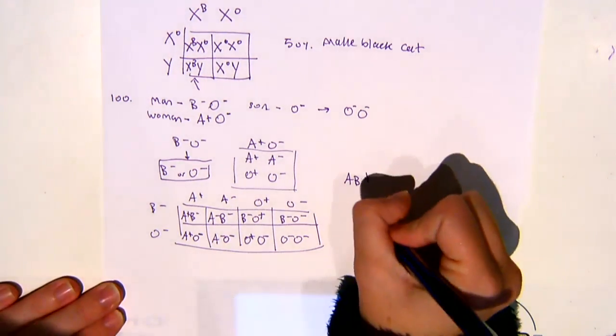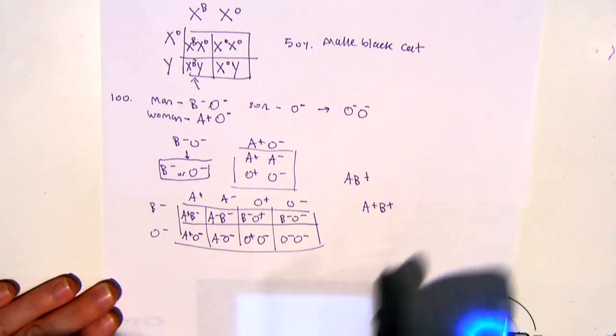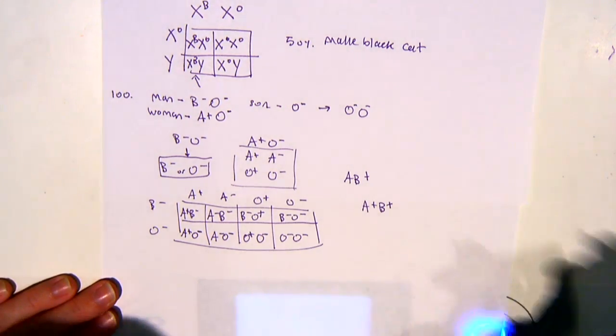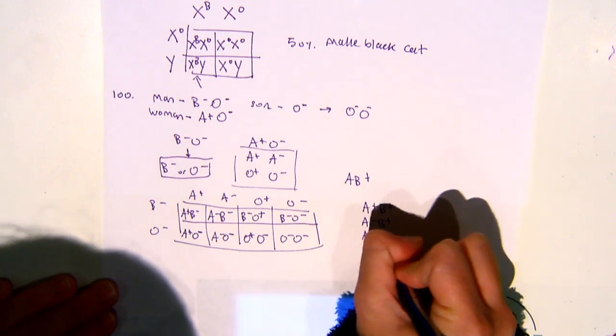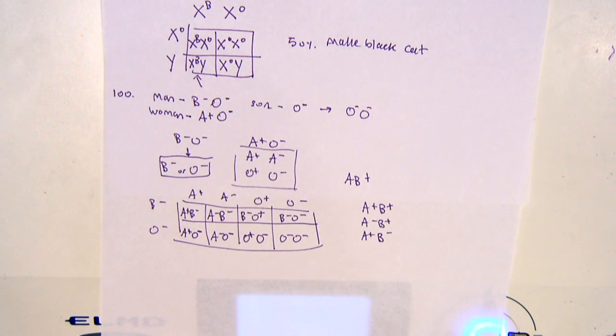We could be A positive, B positive, or any combination of this, because we know that the plus is dominant over the minus. So anywhere we see a plus and a minus, we know that they're going to display the plus.